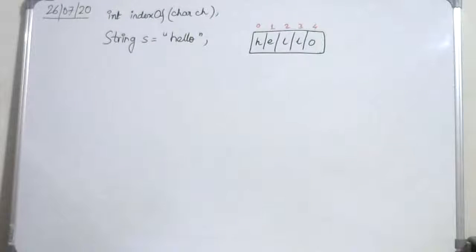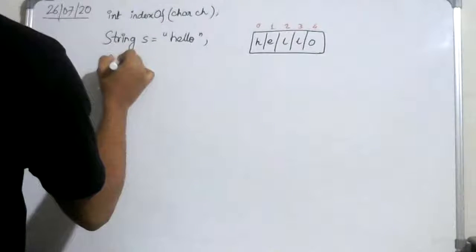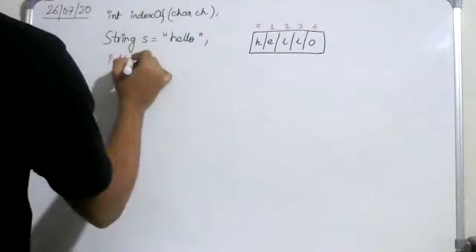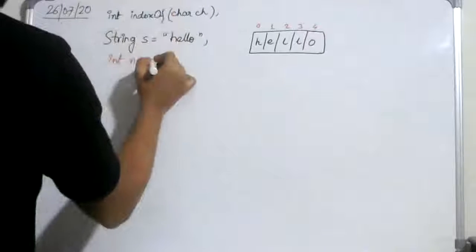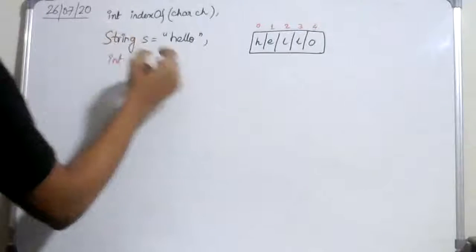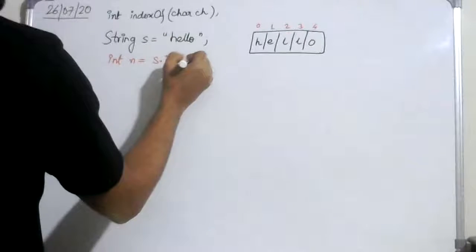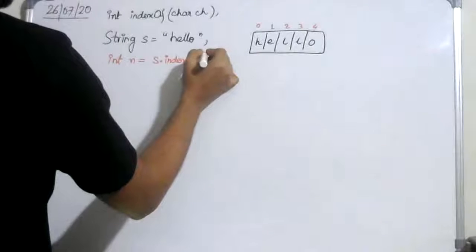Now that we have represented our string in the form of a character array, let's talk about indexOf. IndexOf is basically used to find the location of a character within a string. What do I mean by that? Let's say I define an integer variable int n, and then I call the indexOf function with respect to the string variable. So I call it over the string variable s dot indexOf.